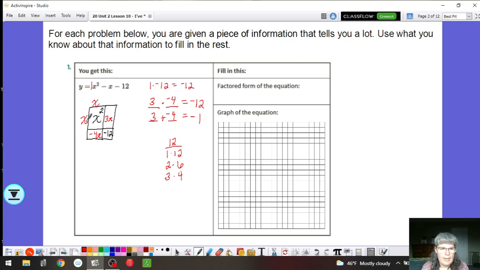And when I multiply x and need to get 3x, I'm multiplying by 3. When I multiply x to get negative 4x, I have to multiply by negative 4. So my factored form is y equals x minus 4 times x plus 3. Now we need to remember that an equation in this form gives us our x-intercepts.